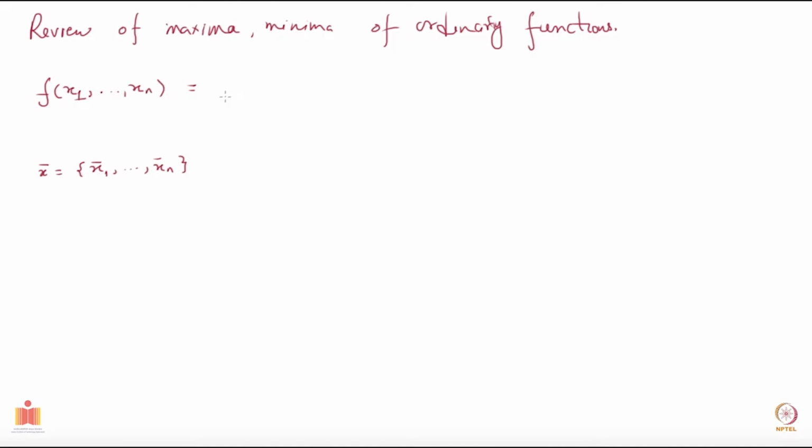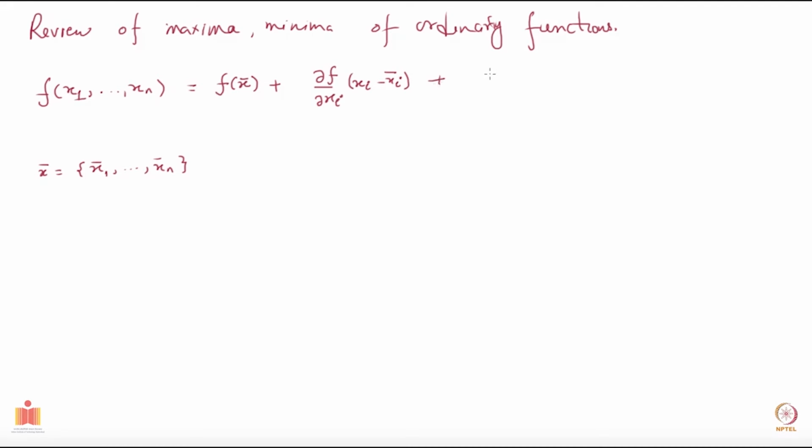Now you know that I can expand it around x bar as follows. So I get f of x bar, then I have terms with the first derivative del f over del xi, then xi minus xi bar. Okay, where you have a summation over i implied by these repeated indices.